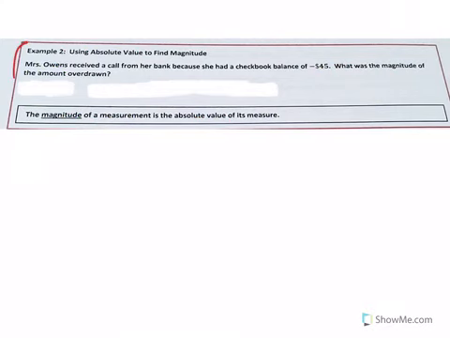Okay, let's go to another example here. Using absolute value to find magnitude. The magnitude of a measurement is the absolute value of its measure. So essentially, you're going to have a problem where you're going to have to answer with the absolute value. Let's look at this example. It's a great example. Mrs. Owens received a call from her bank because she had a checkbook balance of negative $45.